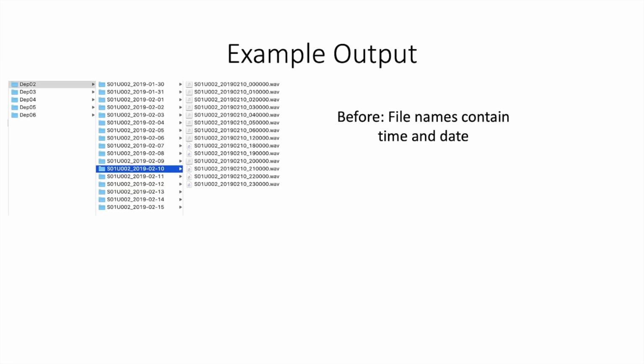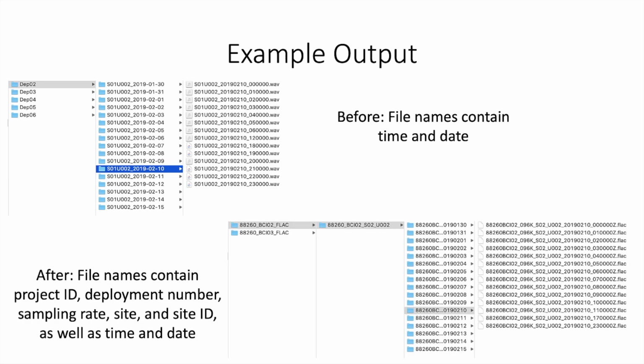Just to show you what the output can look like, this is what the raw data look like going into Sox-o-matic, where it's organized by deployments and by dates, and then the file names currently have some of the information that I appended when I set up the recorders, but mostly date and time.